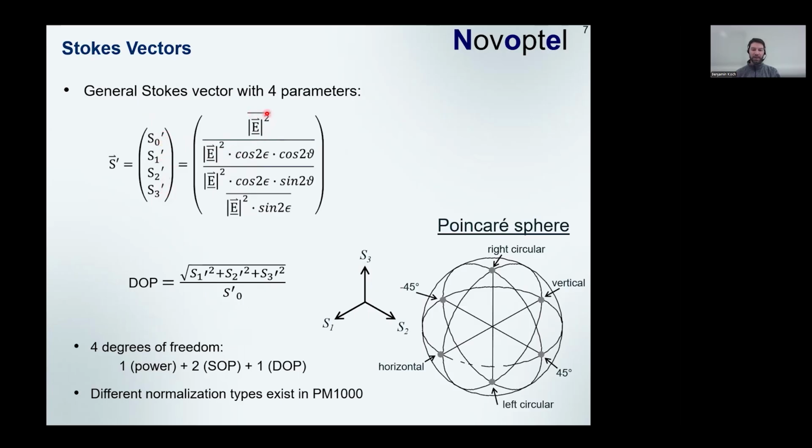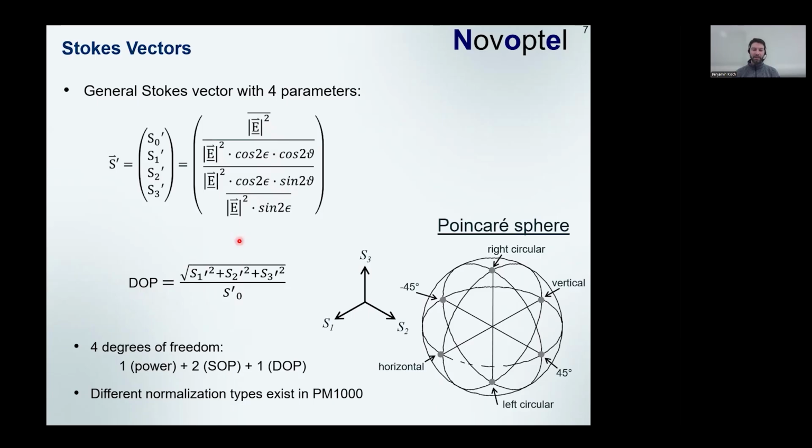And also here we have added an overbar. The overbar means averaging in time, and so it may be that during measurement the epsilon and theta change, which means that the length of the vector of S1, S2, S3 is shorter than the value given by the power. And the quotient of this gives us the degree of polarization.